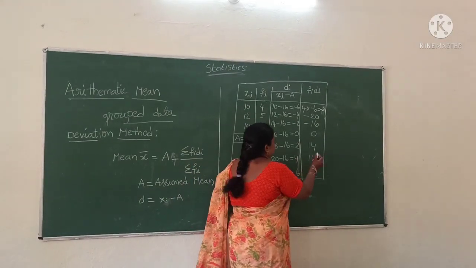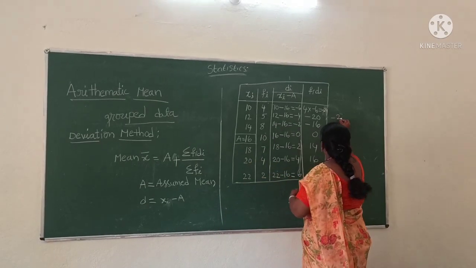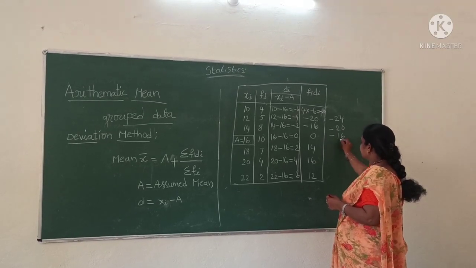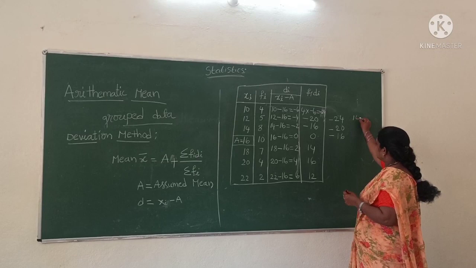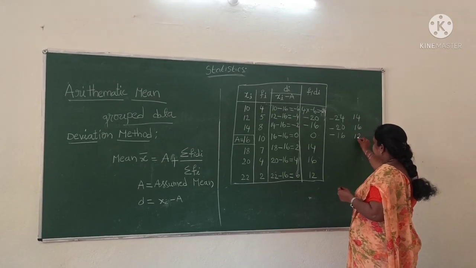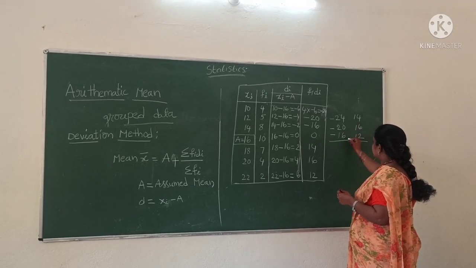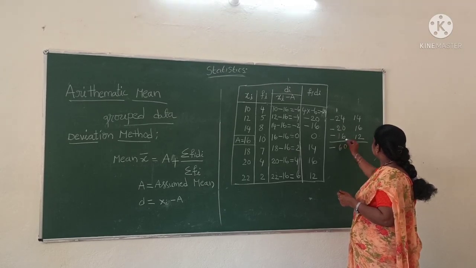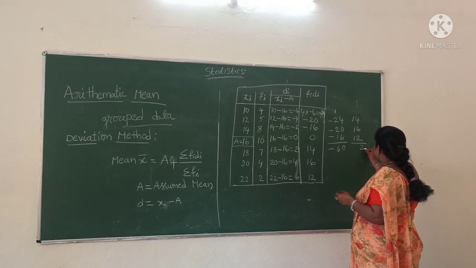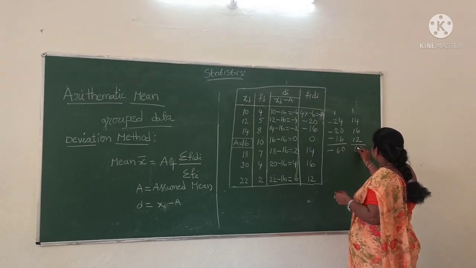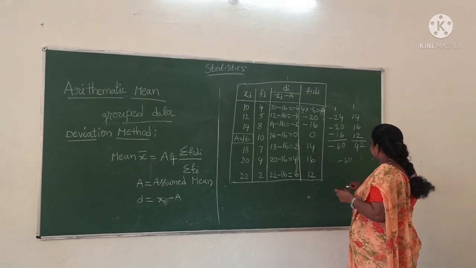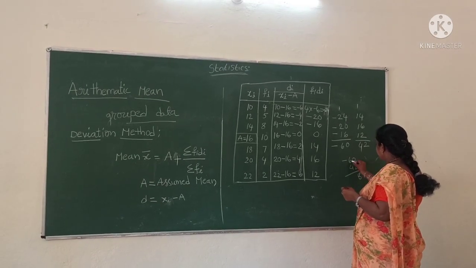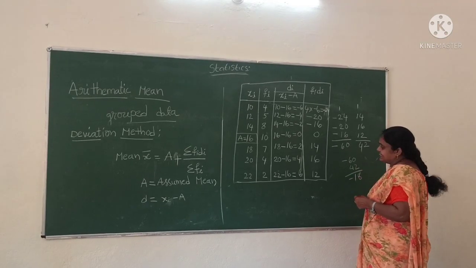So minus 24, minus 20, minus 16, okay, 14, 16, 12, okay, 14 plus 16 plus 12 is 42, minus 60 plus 42 is minus 18.